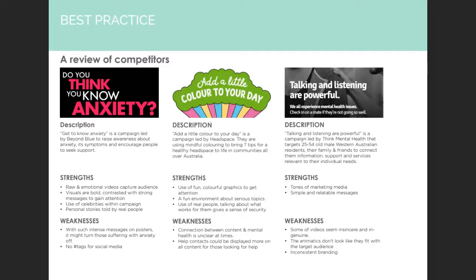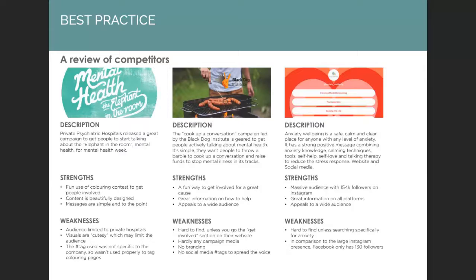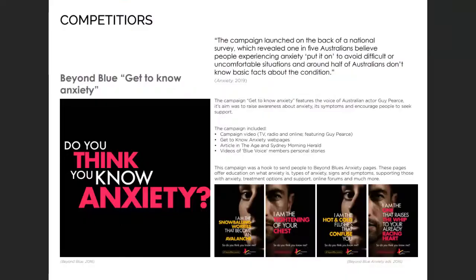So why? Then she's got her best practice review of competitors, and the strengths and weaknesses is always really good. And then she's gone a little bit into more detail. I don't think these are the ones. Oh, yep. So she's got some more information about the competitors.